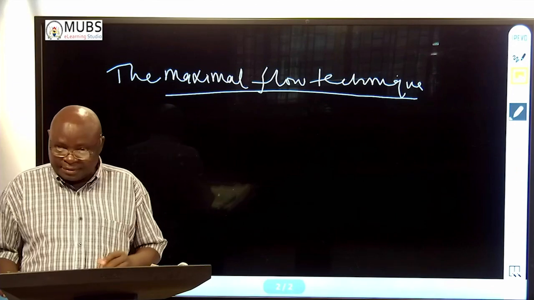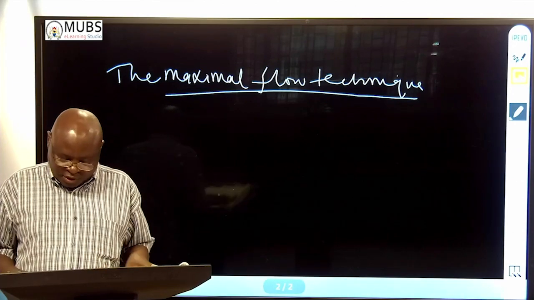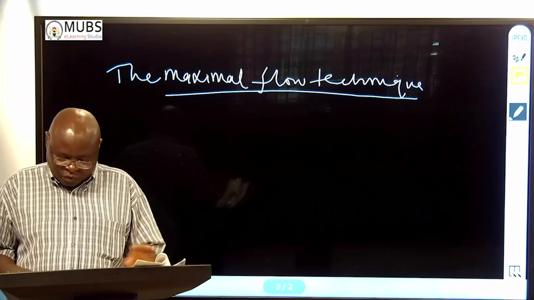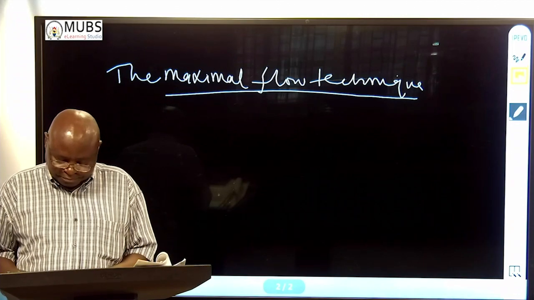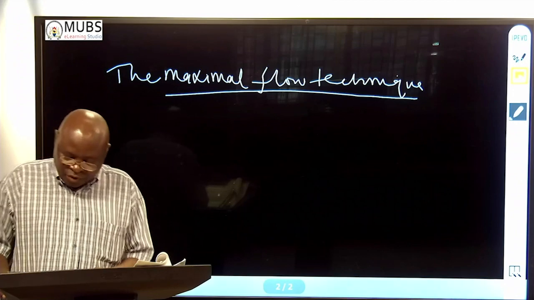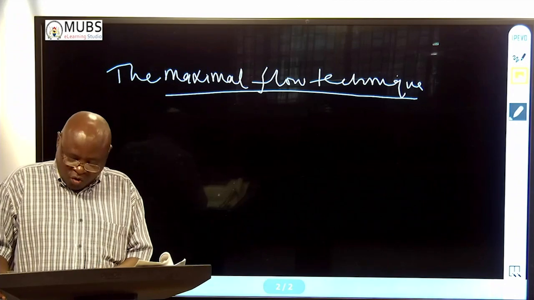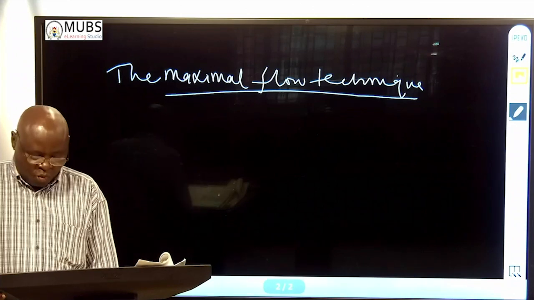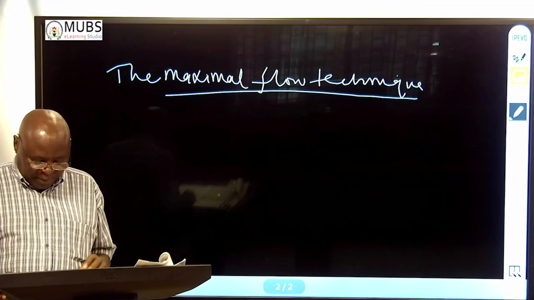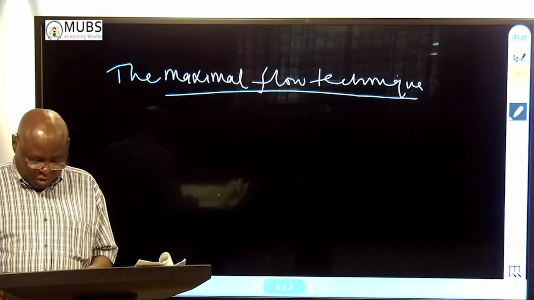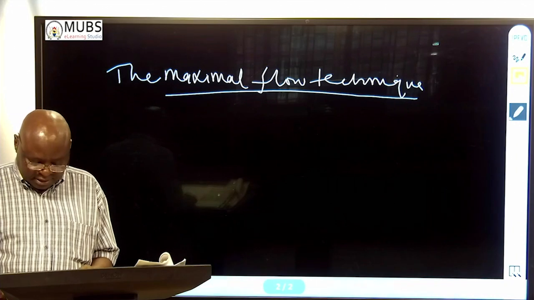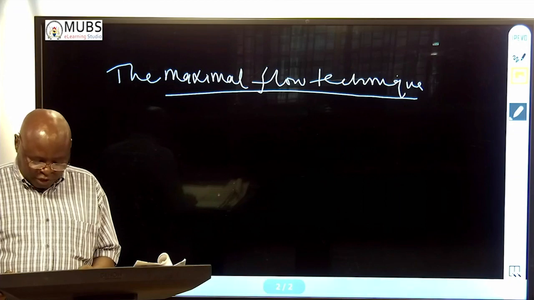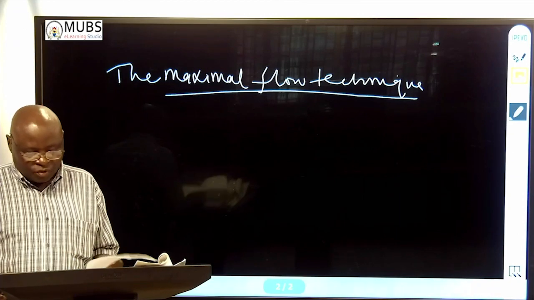For example, the maximum number of vehicles that can go through a network of roads from one location to another per unit of time, or the amount of material such as water, gas, or oil that can be pumped through a network of pipelines or water pipes from one location to another per unit of time.